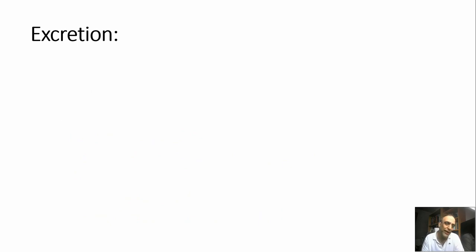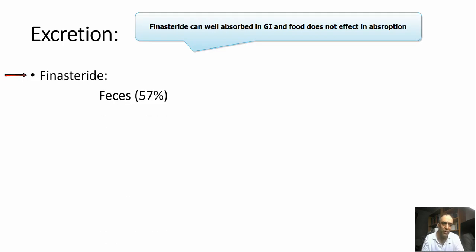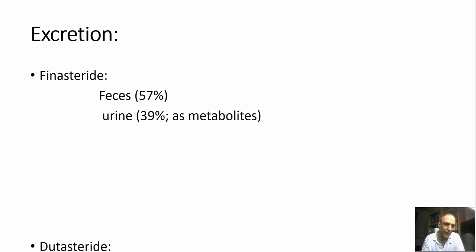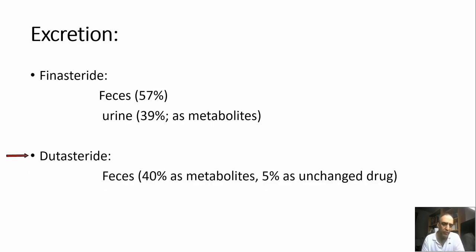Excretion is very important. For finasteride, 57% goes out in the feces, because of this liver metabolism, through the bile portal system to the bile duct and from the bile duct to the intestine, and 39% goes out in the urine as metabolites. For dutasteride, 40% goes out in the feces as metabolites and 5% as unchanged drug, because, as both are used orally, the absorption is different, and dutasteride absorption is a little lower.